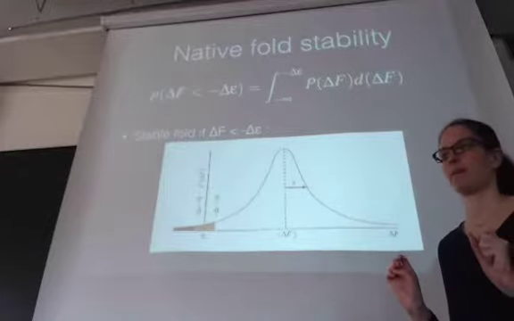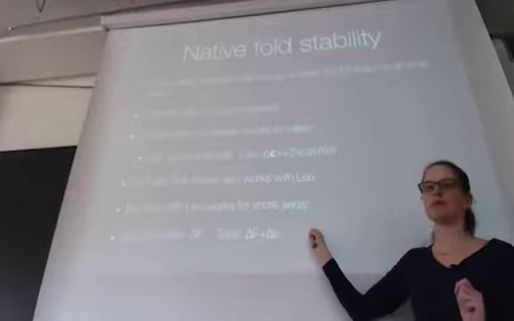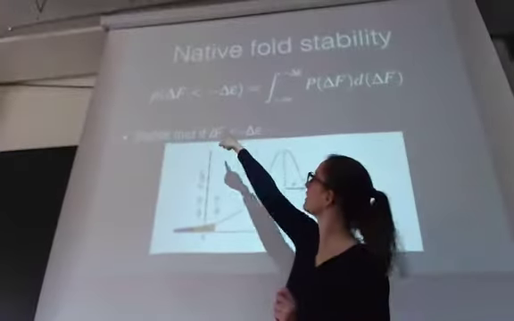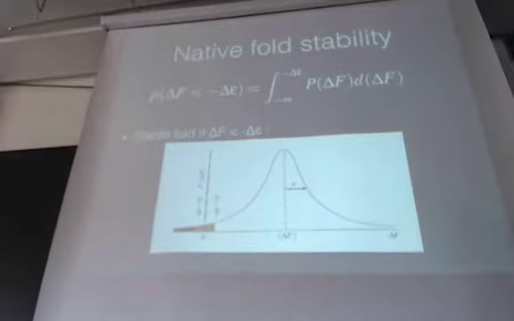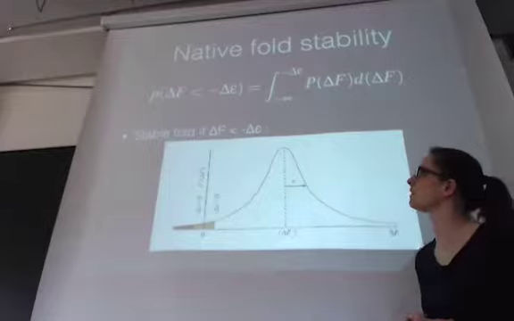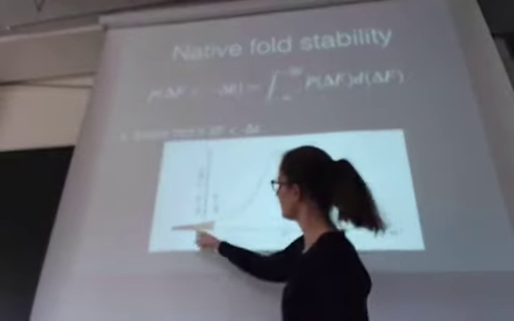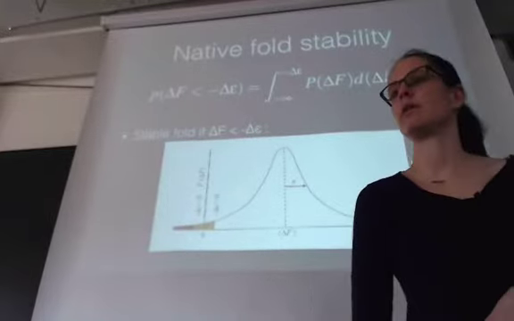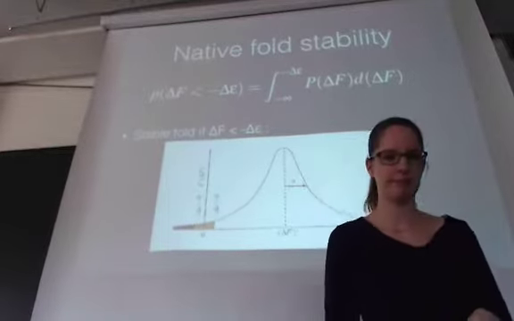You remember? This was the total energy, and I need this to be lower than 0. So I write this as delta F is less than minus delta E, which is the same as writing delta F plus delta E is less than 0. This means that this integral is only going to be this little black triangle down here, because minus delta E is up there.